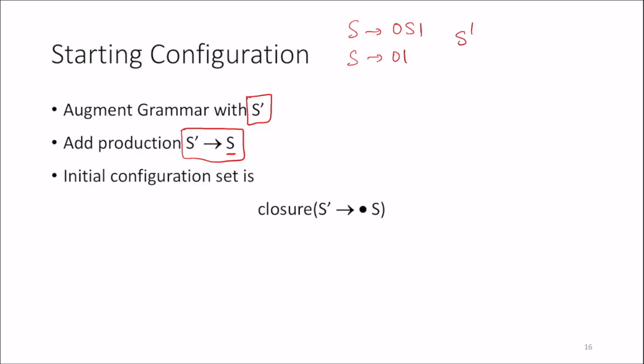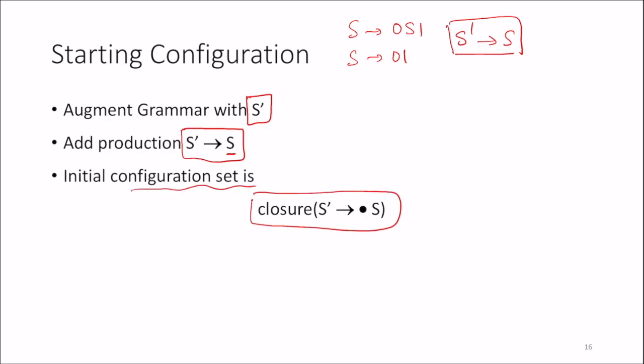So we're going to add S prime goes to S, and now I have exactly one rule here that guarantees me a unique start state when I'm constructing the lookup table. So the initial configuration set is going to be the closure of S prime goes to S with the dot just before the S. If you remember, if I have the dot before the S here, the closure property says I should look up all of the rules that have S on the left-hand side and then put the dot.